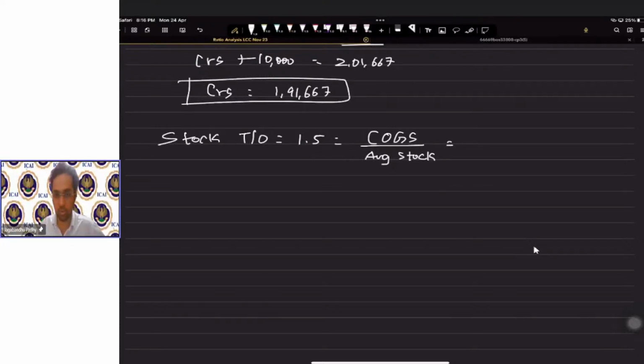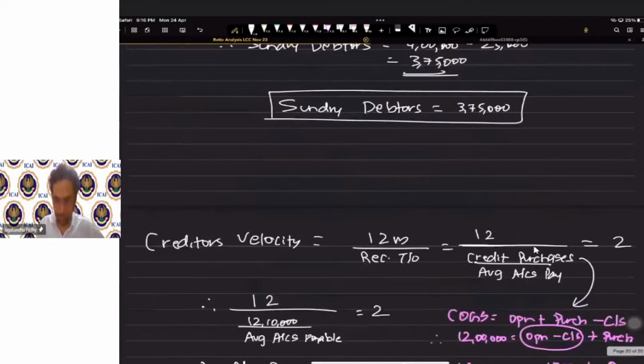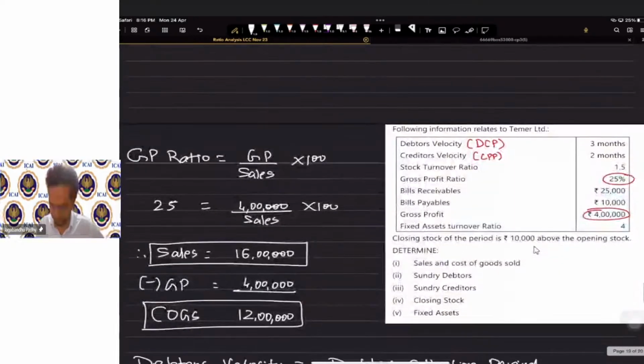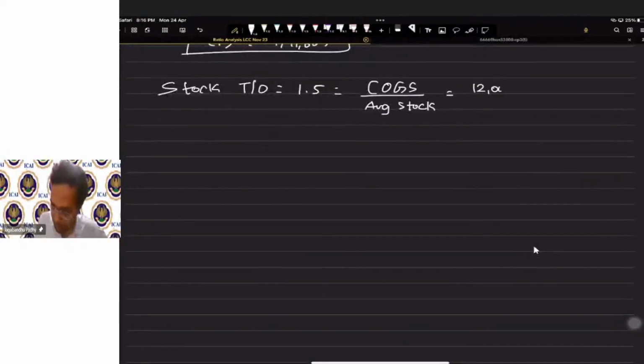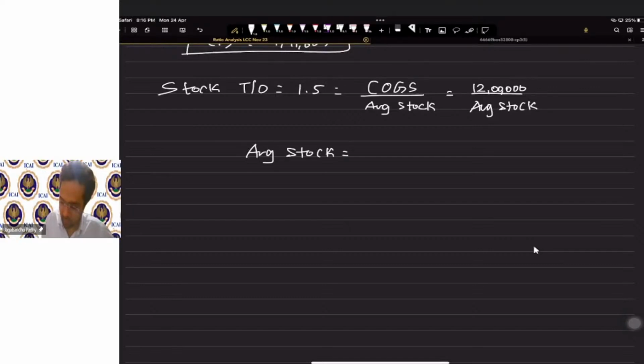COGS amount was 12 lakh, if I'm not wrong. So 12 lakh divided by average stock is 1.5, so average stock is essentially 12 lakh divided by 1.5.